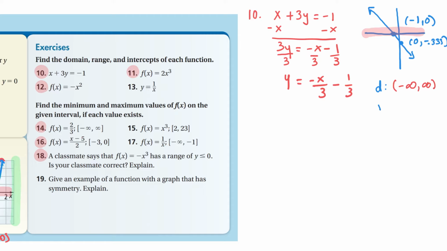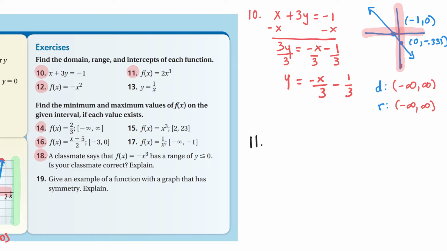The range is actually starting from the lowest y value all the way, and it continues going, because we know that the arrow tells you it goes in either direction. So it's going to be from negative infinity to positive infinity.